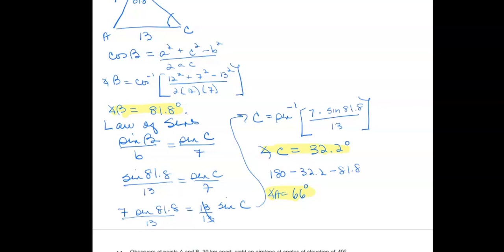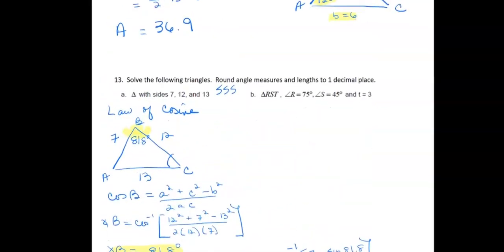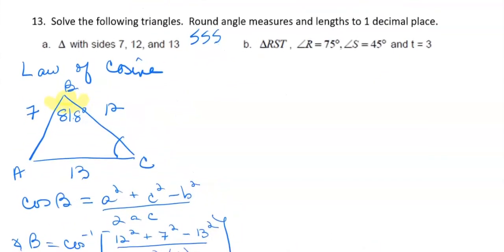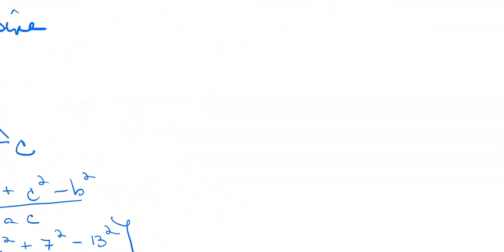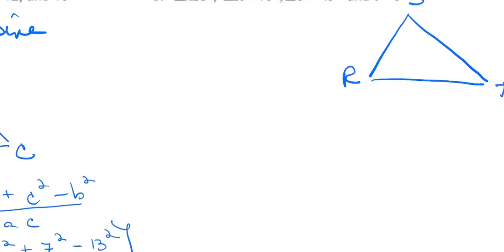Okay, so we want to do one more problem here, and that's B. So let's look at that. So we're going to do the same thing in terms of first thinking about what they gave us. This is RST. So I'm just going to write my triangle like this, RST. And they told me that the angle R is 75, the angle S is 45, and little t, which is across from big T, has a length of 3.